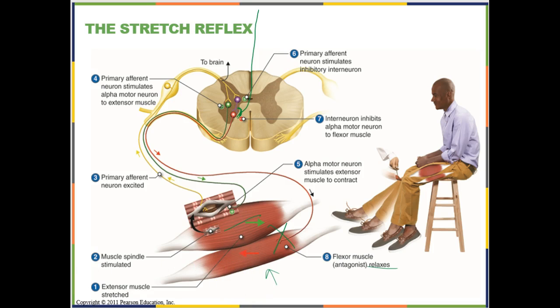So it's the same wiring set up to cause flexion of the limb as opposed to extension of the limb. So a flexor reflex of the knee would look like stimulating the hamstring and making sure nothing happens to the quadricep. So this green motor neuron would be inhibited by an interneuron.